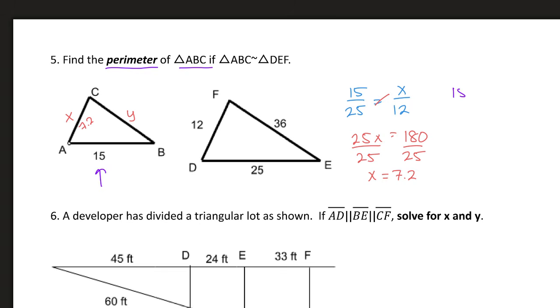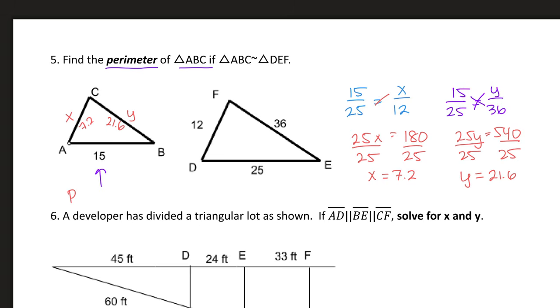So I'm going to use the same scale factor, 15 over 25, and that's going to be equal to y over 36. And again, we're going to go ahead and cross multiply. So 25y equals 15 times 36, which is 540, and then divide that by 25. So we get y equals 21.6.